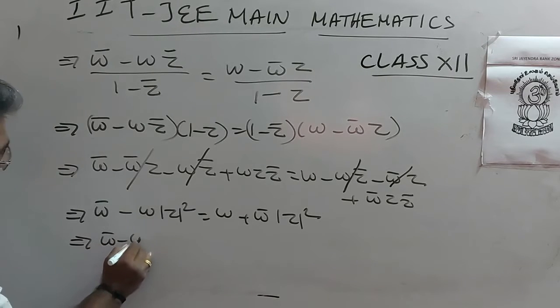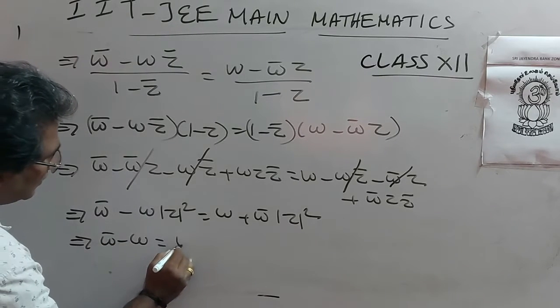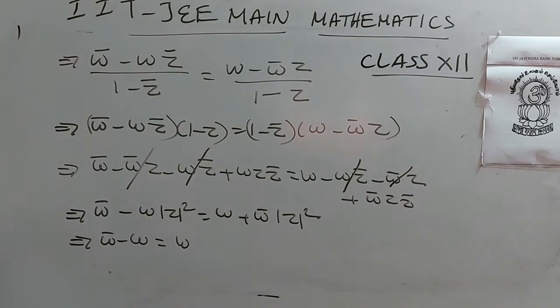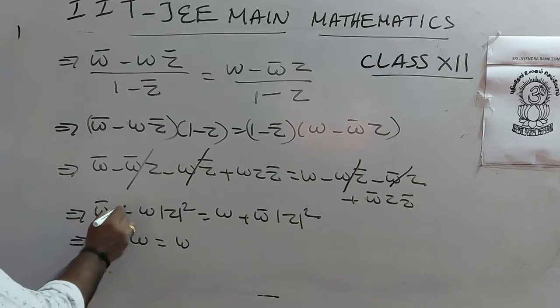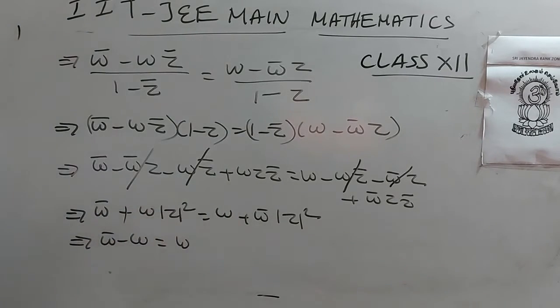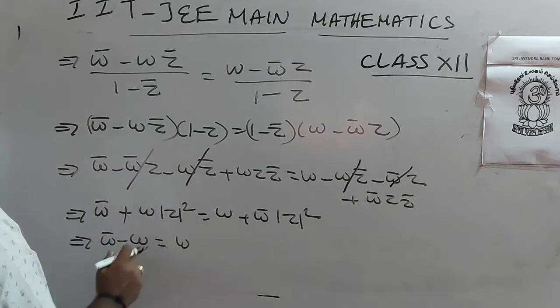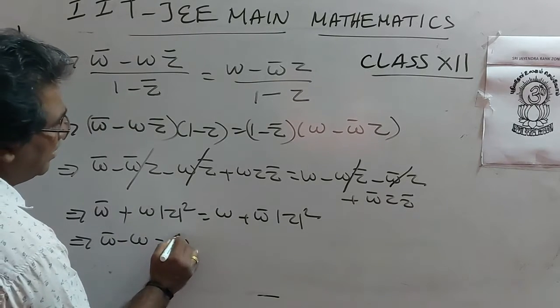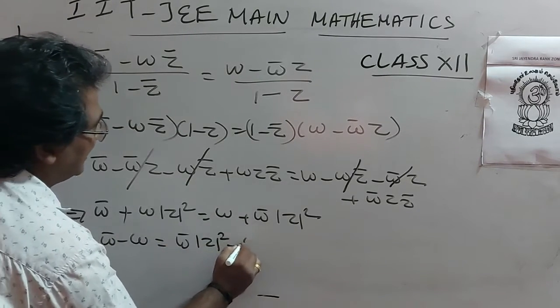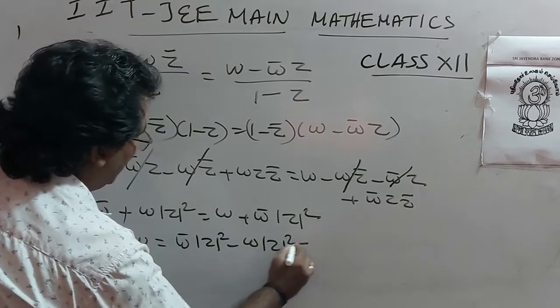Omega bar minus omega equal to, here, omega modulus z whole square, omega bar modulus z squared minus omega modulus z squared.